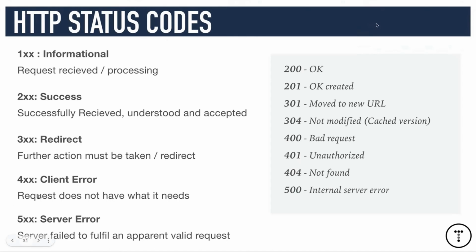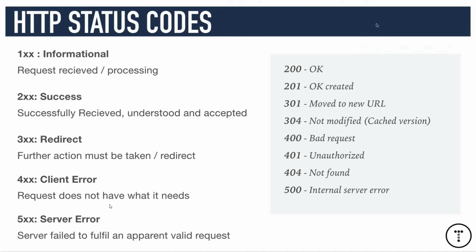The 400 range is a client error, meaning that the request doesn't have what it needs from the client. So let's say the server needs a name field sent in the request body and you don't send that, you are going to get a 400 error or somewhere in that range.